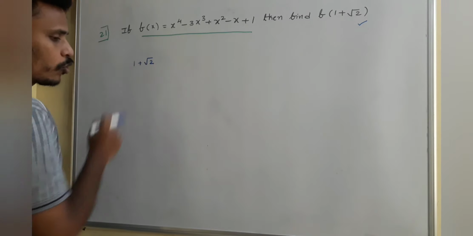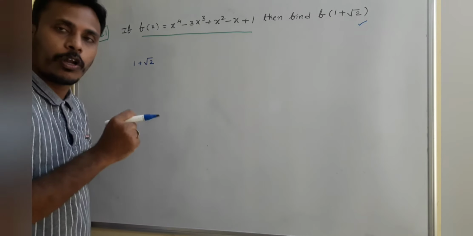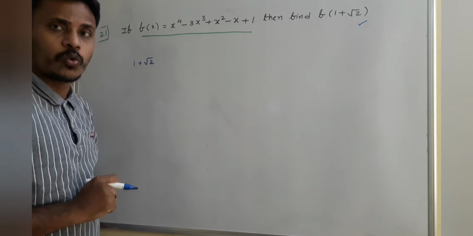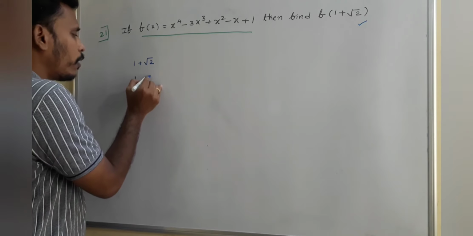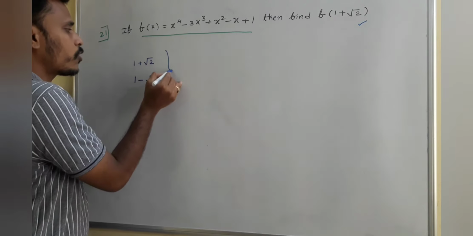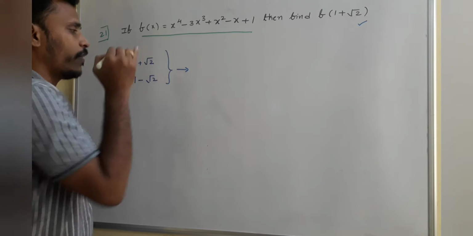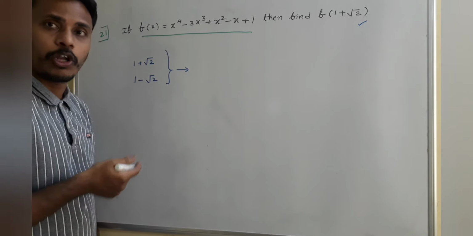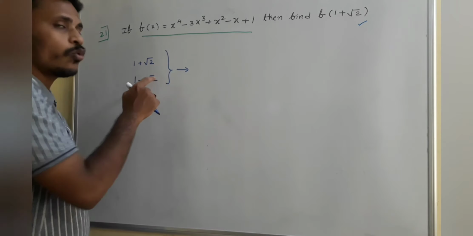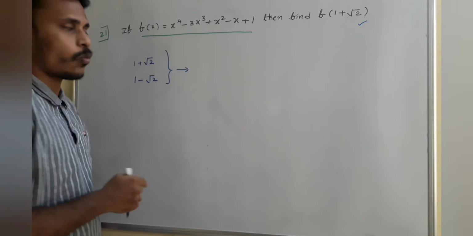If 1 plus root 2 is a root of a polynomial, then 1 minus root 2 is also a root, right? First of all, I will find out a polynomial whose roots are 1 plus root 2 and 1 minus root 2 together. And we are very familiar with writing that polynomial. Since these are the roots, the polynomial is quadratic.